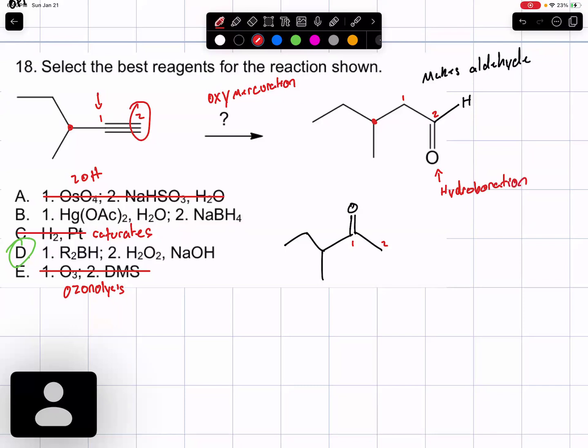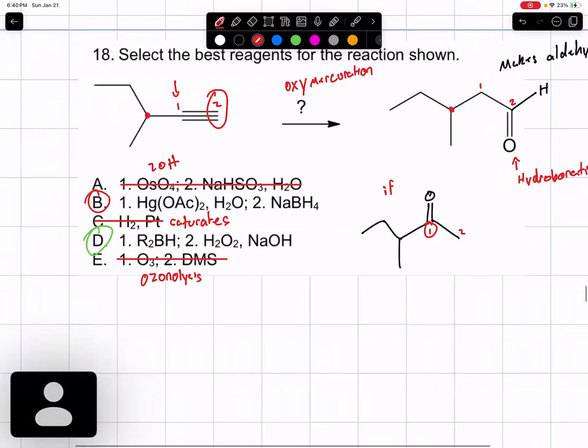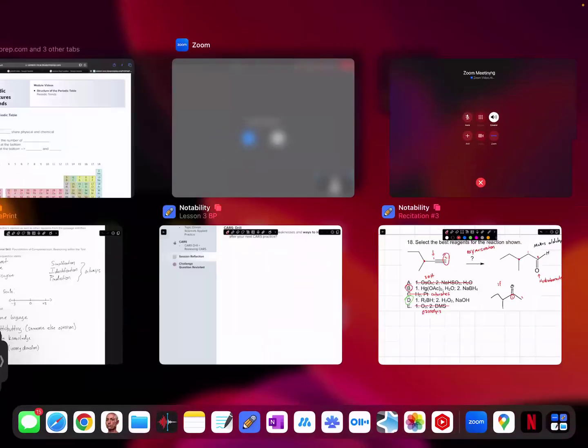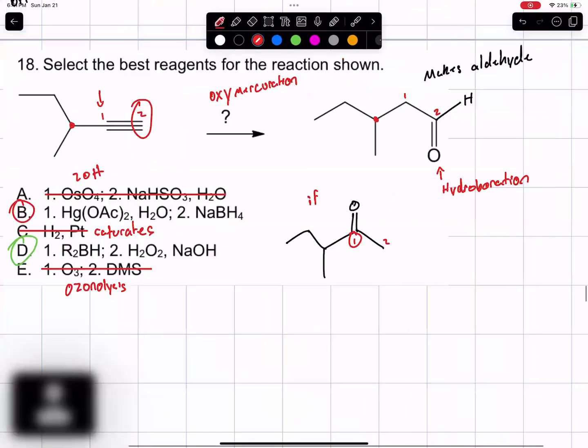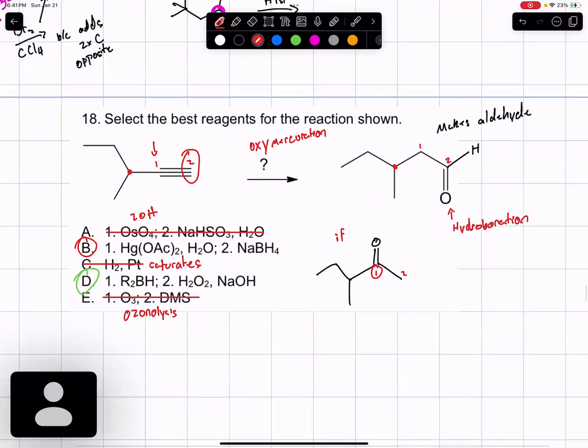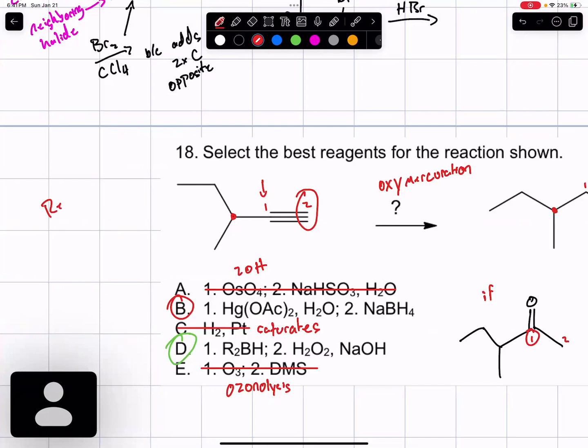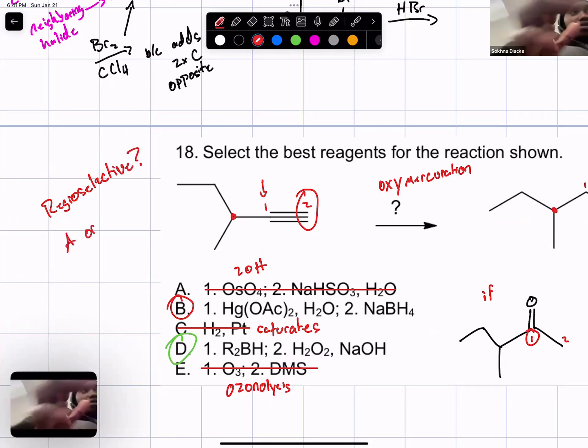But if it was placed at carbon number 1, we would pick answer choice B. This is just a long-winded way to say that there's a regioselective preference when it comes to using these reagents. So here I'm asking which one is regioselective.